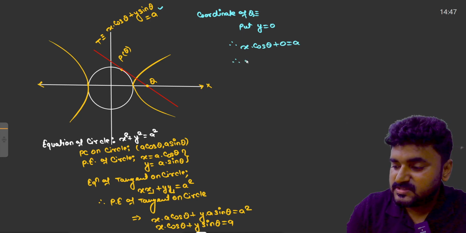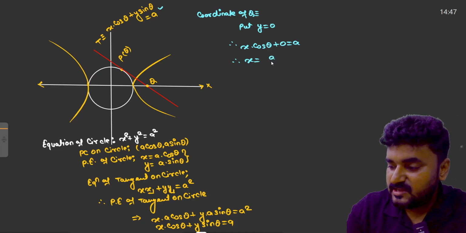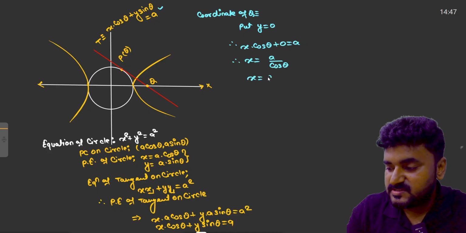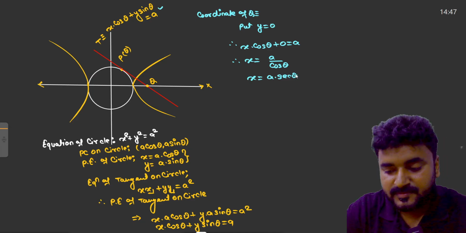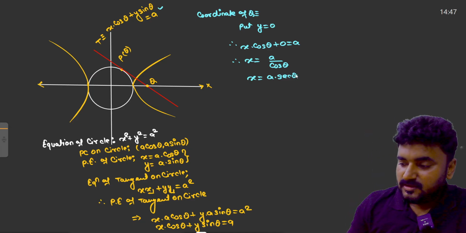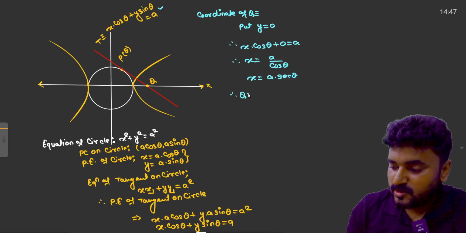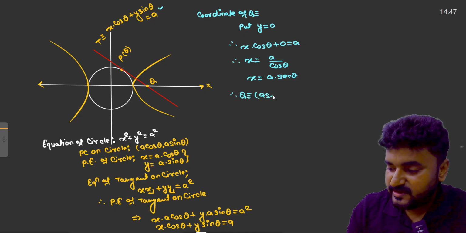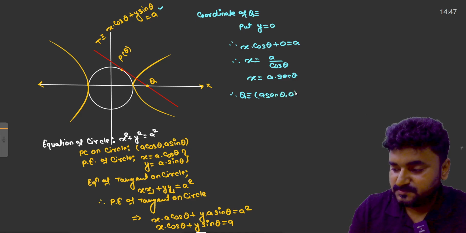So therefore this x value is coming a by cos theta. Okay, so this is x equals a sec theta. Okay. Similarly, I got the Q coordinate, this is a sec theta comma 0.